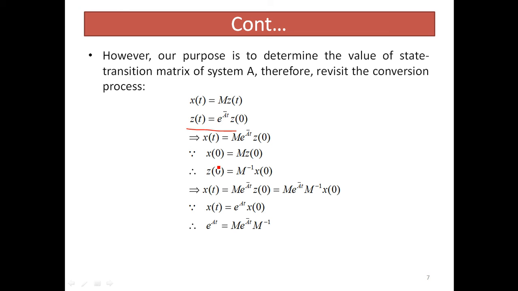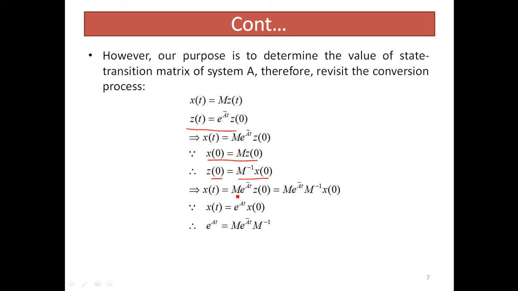Since x(0) is equal to x(t) equal to M z(t), putting t equal to 0 you would be getting x(0) equal to M z(0). So M z(0) equal to M inverse x(0), so in place of z(0) you can put M inverse x(0).